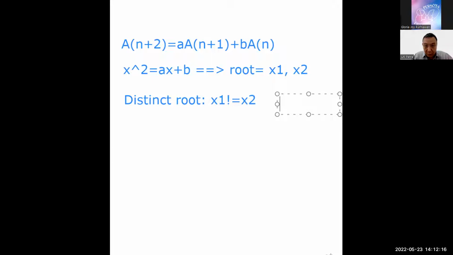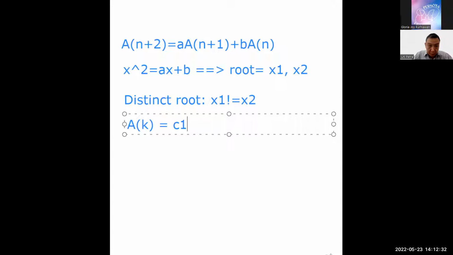Your solution is, I will put here, a k equal to C1 multiplied by R, which is x1, exponent of k, plus C2 multiplied by S, exponent of k.